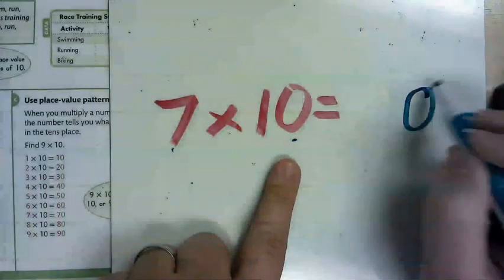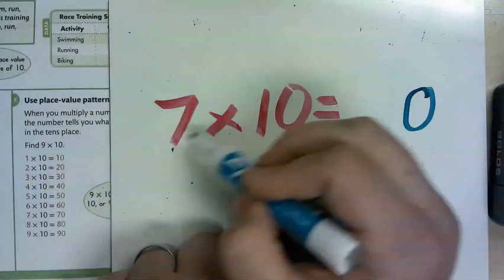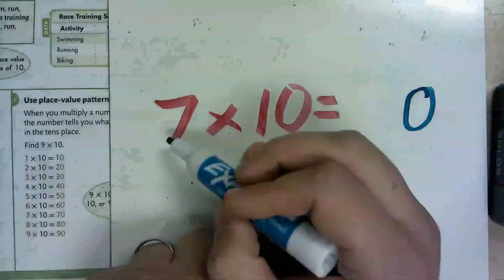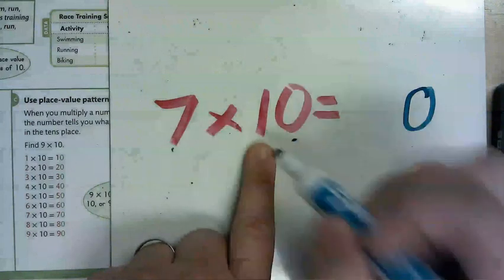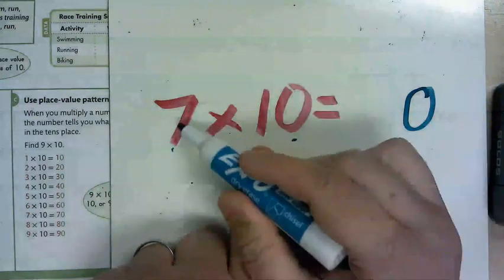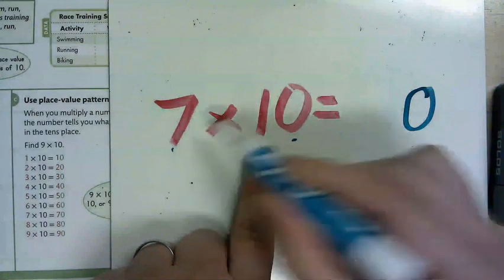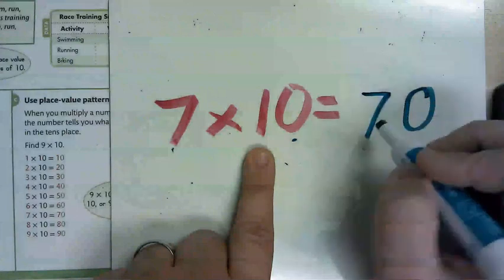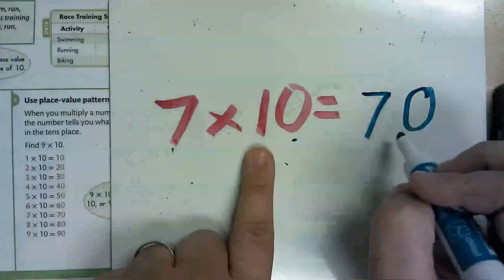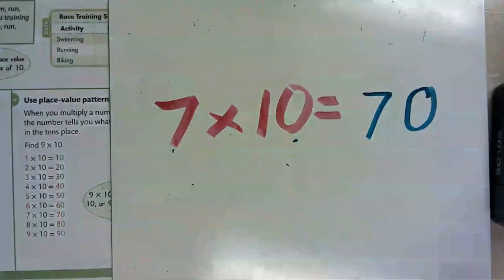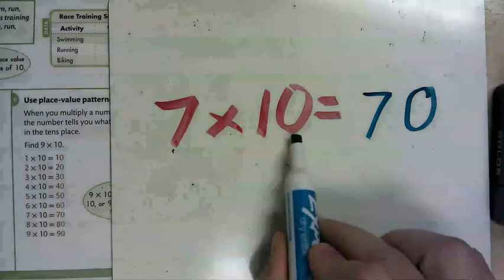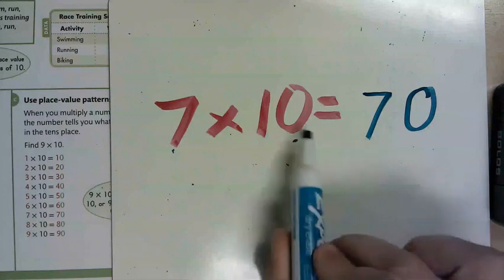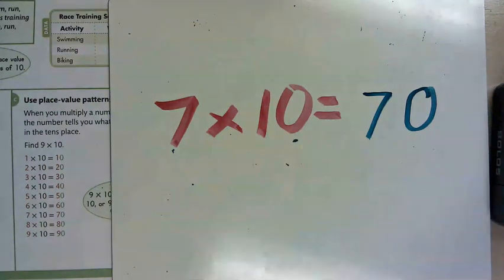So in my ones place, I'll put that 0 because 7 times 0 is 0. Now I look at my tens place and I say, well, 7 times 1. Here's my identity property. Anything times 1 is going to be that first number. So 7 times 1 is going to be a 7 in my tens place. So it is 70. All that this means is that that extra 0 moves the first number into the tens place value, and then we put that 0 into the ones place value.